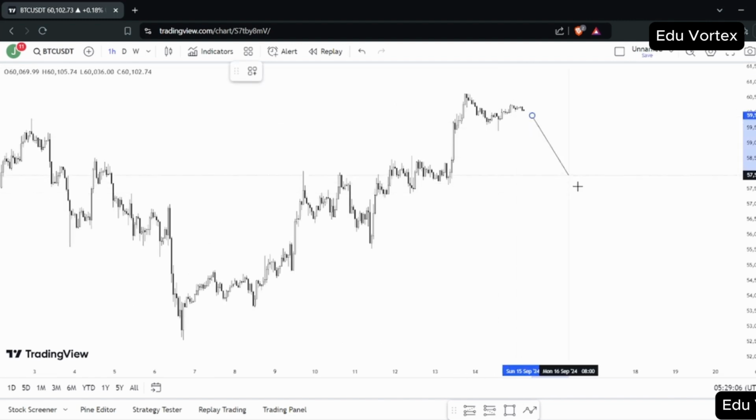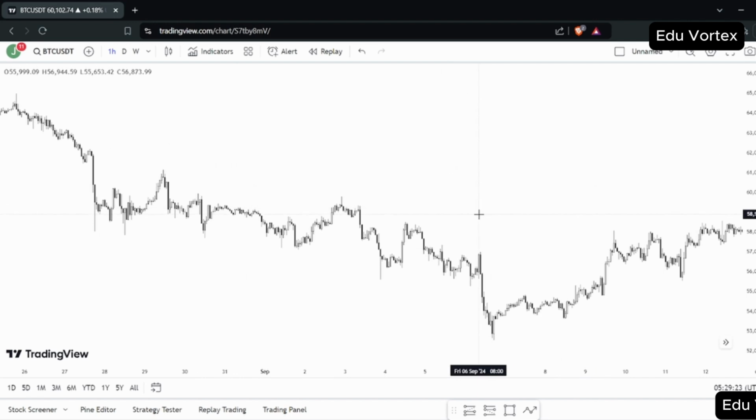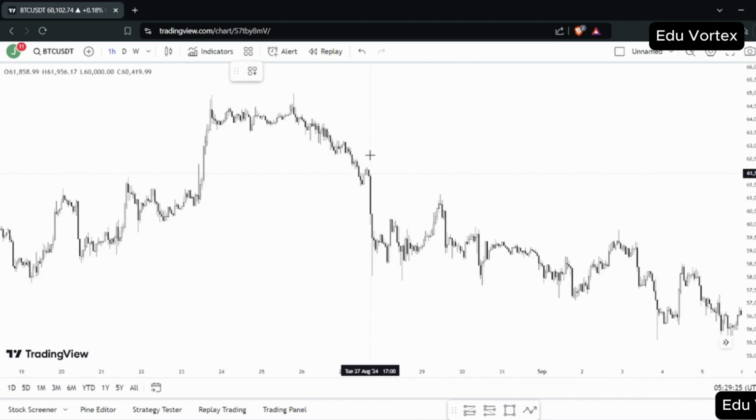Doesn't mean we're going to change structure, but it means we're probably going to get all of this liquidity and then we might change structure again and continue higher. But we don't care about that later. We care about the current trade. So take another example. Where's the fair value gap?